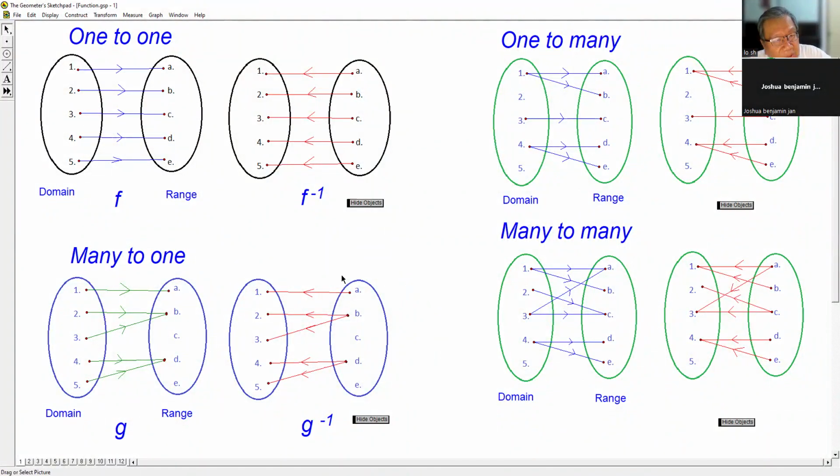So in other words, most of the time we encounter one-to-one function, many-to-one function. And one-to-one, the inverse is a function. One-to-many, the inverse is not a function.